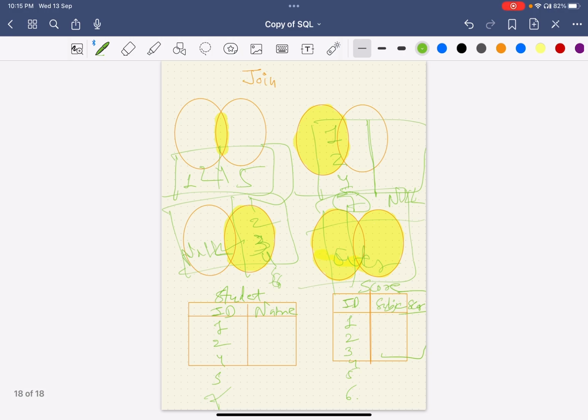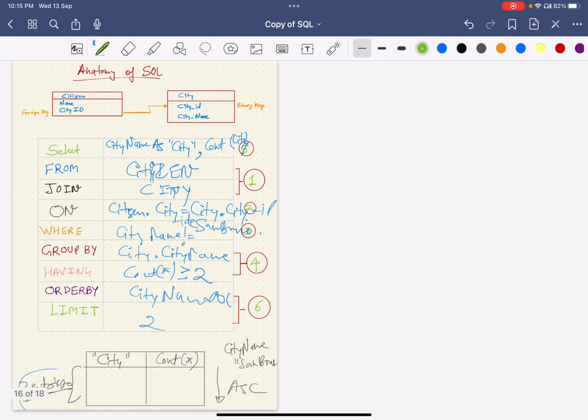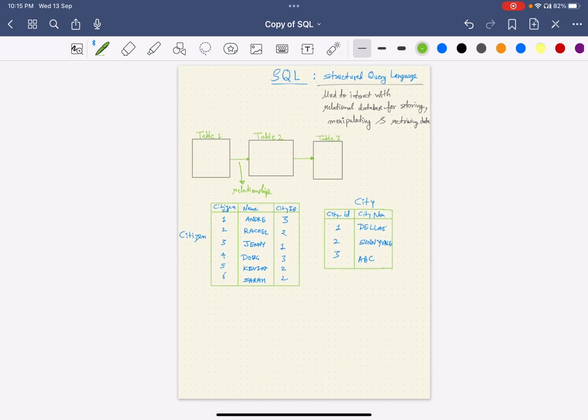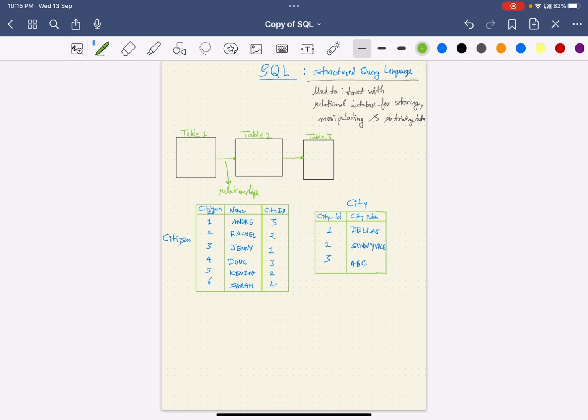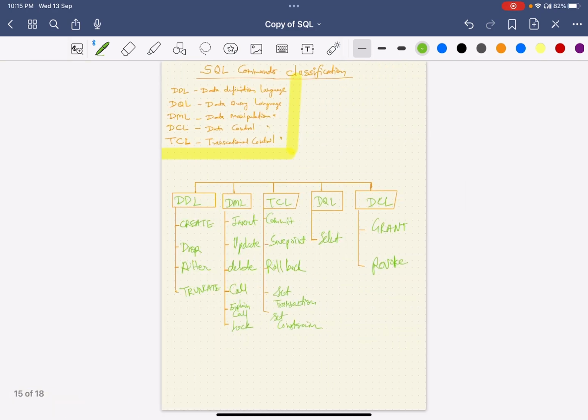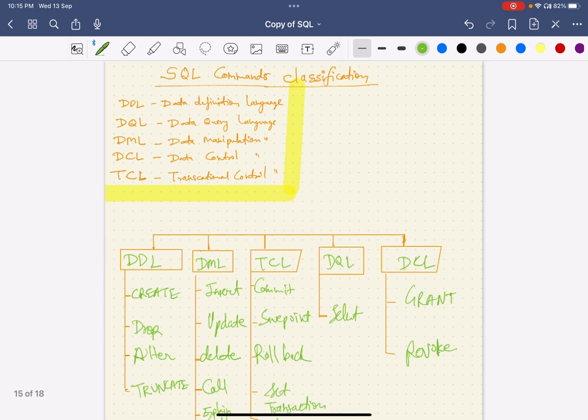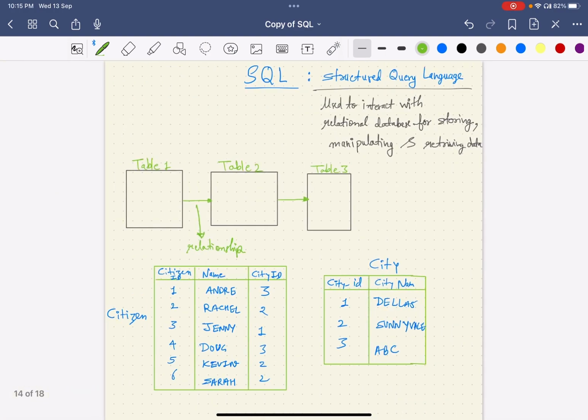So I hope you got the understanding of what SQL is. SQL is used to interact with relational databases. We understood one example of relational databases, used to store, manipulate, and retrieve data. And we understood that if it is used to store and manipulate, there should be some commands.